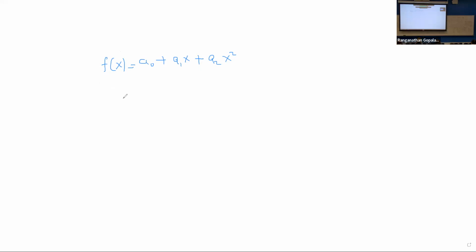First equation: 8 equals a0 plus a1 times 2 plus a2 times x squared, so 4 a2, right? x equals 2. And then x equals 2.5, and then x equals 3.2.